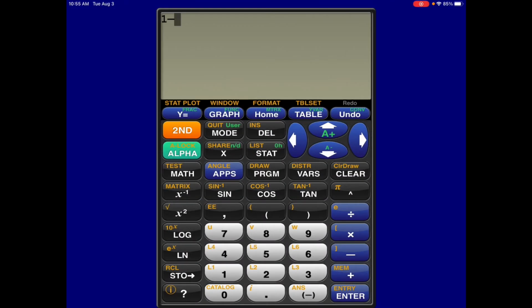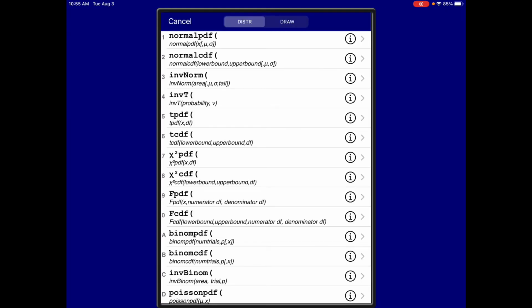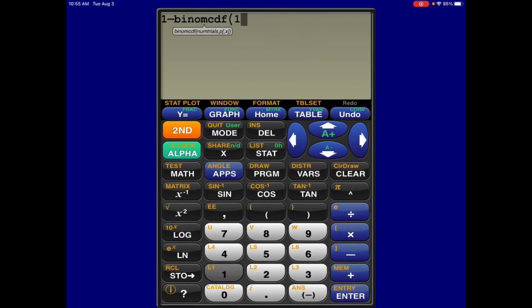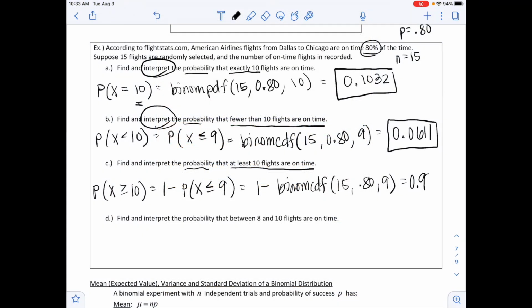So we're going to do 1 minus, since we're using the complement, and then I'm going to go second, vars, go down to binom CDF. 15 is our n value, p is 0.8, and this time our x is 9. Select enter, and we get our probability. So from your calculator, you get 0.9389.